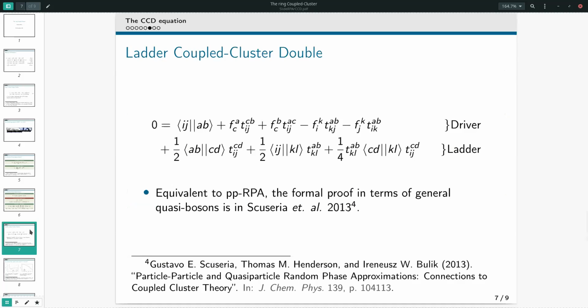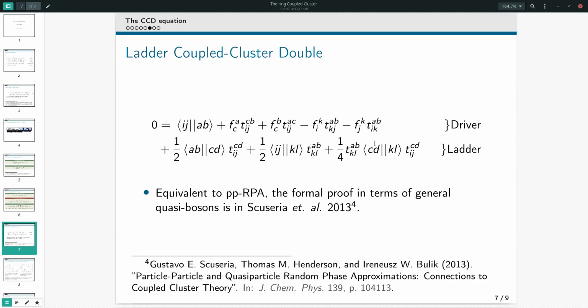And the other equivalence, sorry, I forgot to mention it for the moment: if you take just the ladder terms, you get the particle-particle RPA that I was talking about. So we see that there are those terms in the coupled cluster which are equivalent to a formulation of RPA, and the same thing for the ring coupled cluster, which is equivalent to another formulation of RPA.